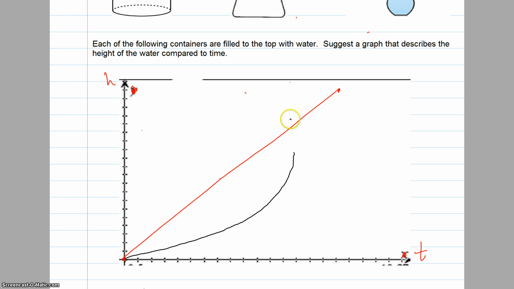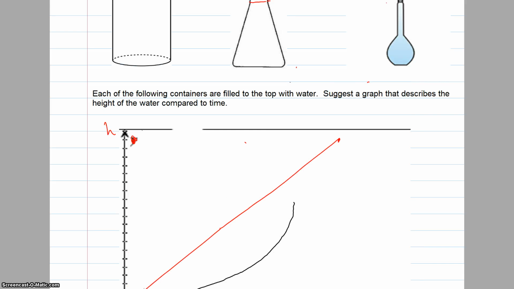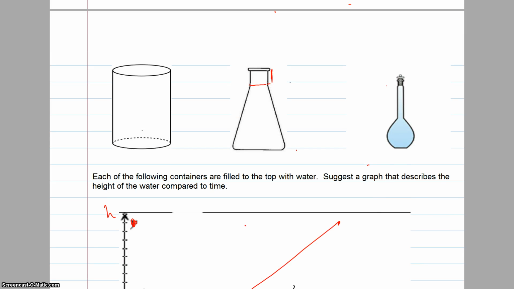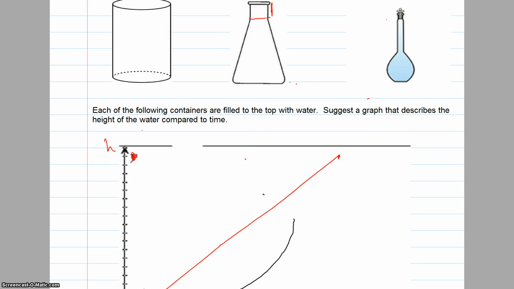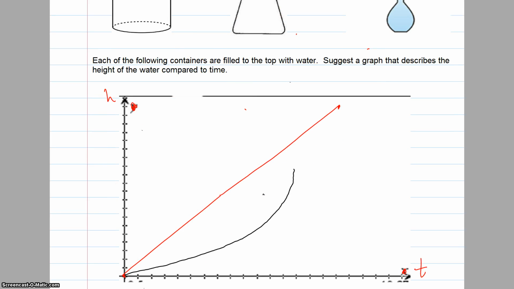Now, I don't really know how to compare these two things. All I'm interested in is the shape. I'm not interested in whether one fills up quicker or not, because I don't know the total capacity of each of these different containers. I'm just looking at the way that it increases.